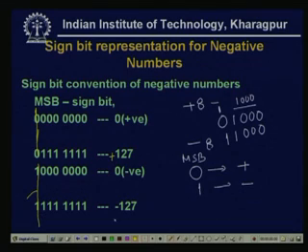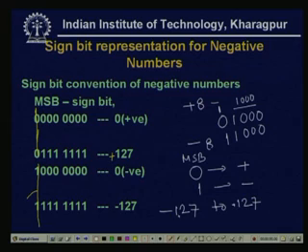and 1 followed by seven 1s means minus 127. So it can represent minus 127 to plus 127. That is for 8 bits.